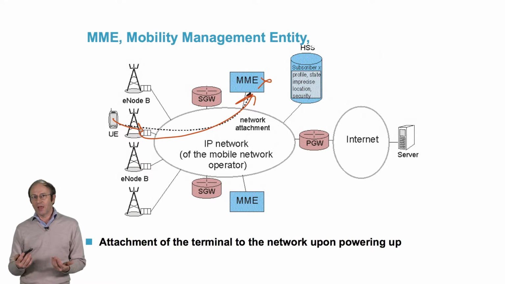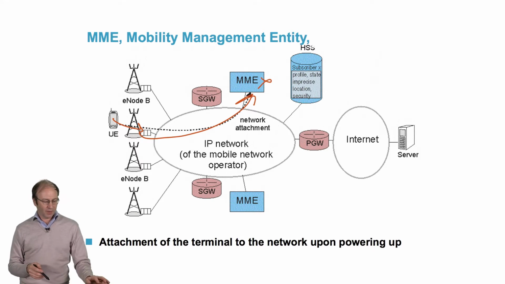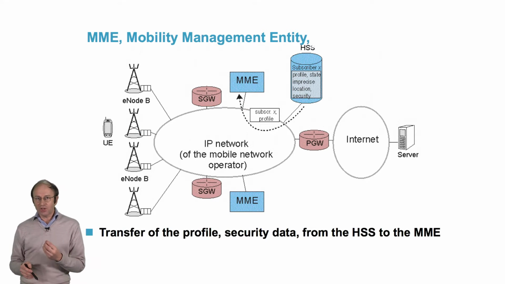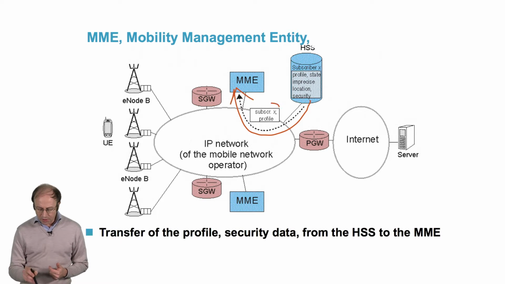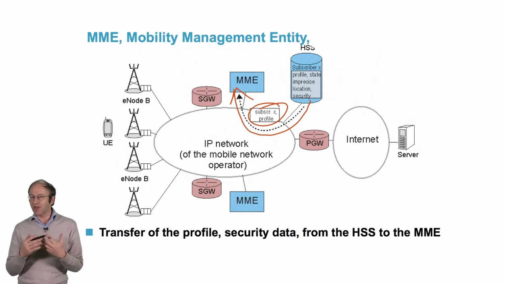Generally, he is not known if this is the first time the terminal is powered up. So, the HSS will transmit to the MME the subscriber profile, that is, all his access rights, the services he is subscribed to.